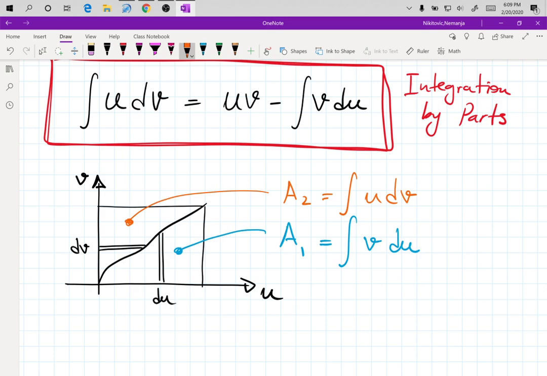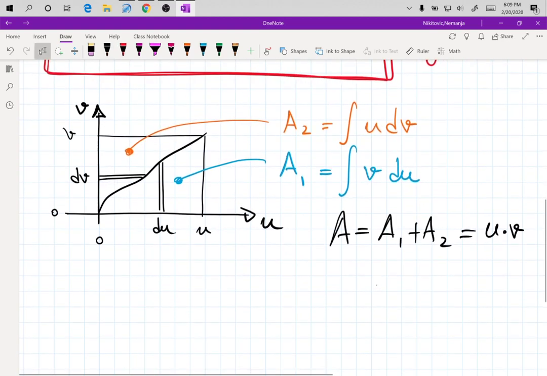And the total area A, which is given as A1 plus A2, is u times v, because you have a rectangle where on the x-axis you have 0 to u, and on the y-axis you have 0 to v. So u times v for the rectangle.